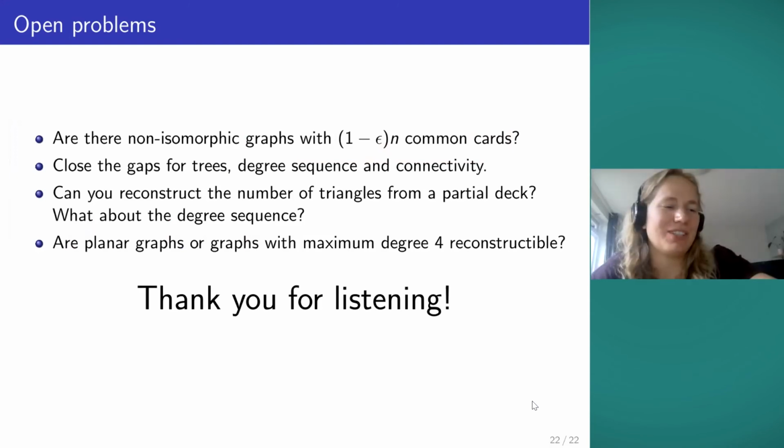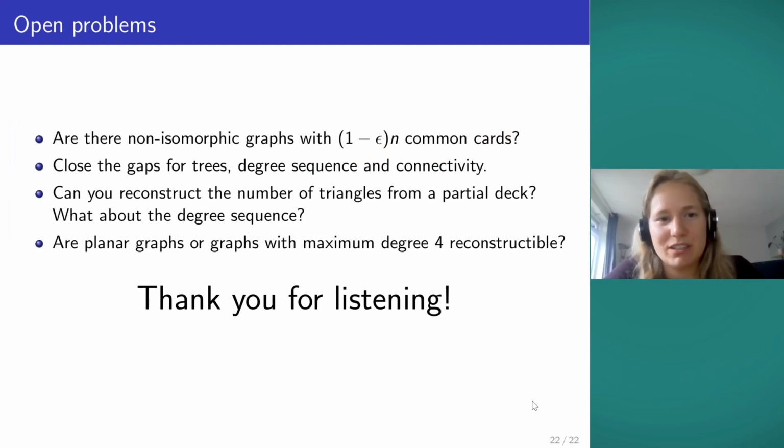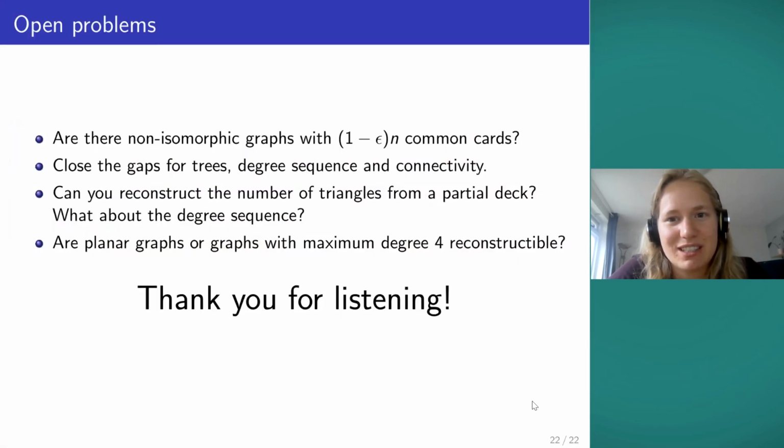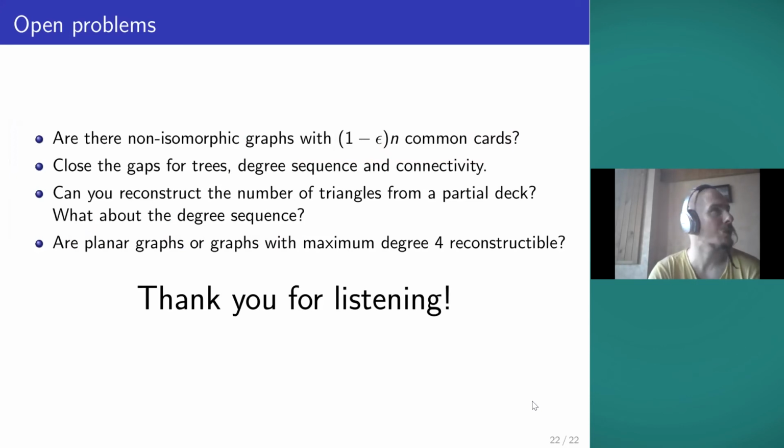But for getting the number of edges, maybe if you sum the number of edges on the random cards, I don't know how good of an estimate this would give. Or the degrees, well, the degree sequence, I don't know.